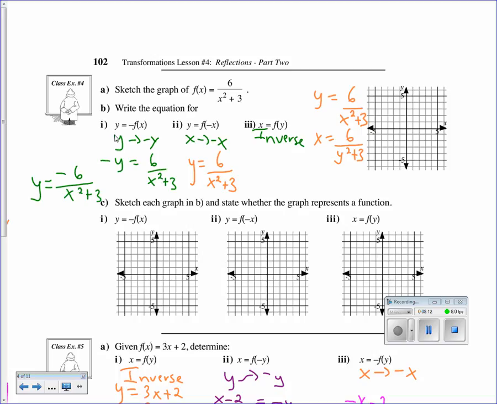The y squared plus 3 comes upstairs on the left. The x moves downstairs. And then I have to isolate for y, move the 3 over, and take the square root. So y squared would be equal to 6 over x minus 3. And then I have to take the square root, which in this case could be plus or minus.